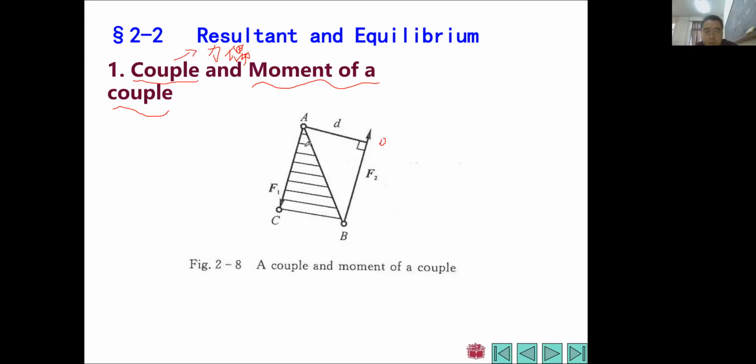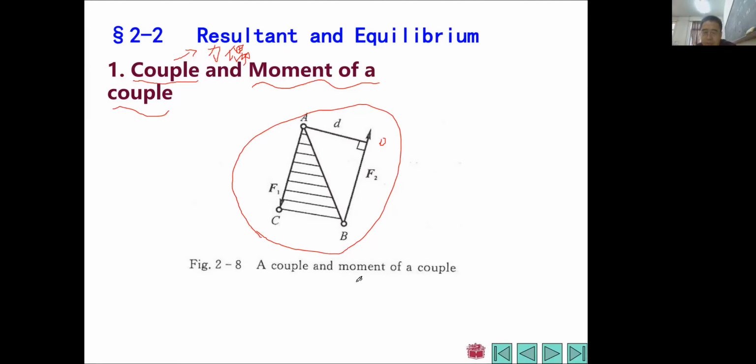So actually, this pair of forces will have an effect. It will try to let a given body rotate around some axis, right? So it will have a rotational effect on a body system.